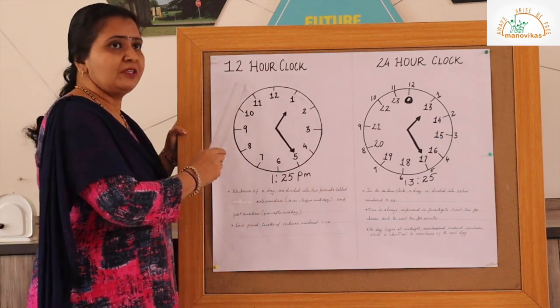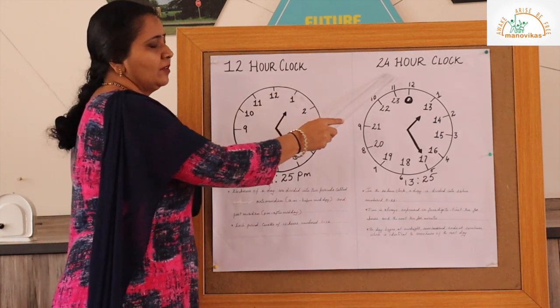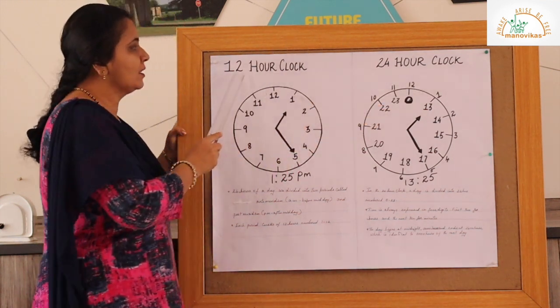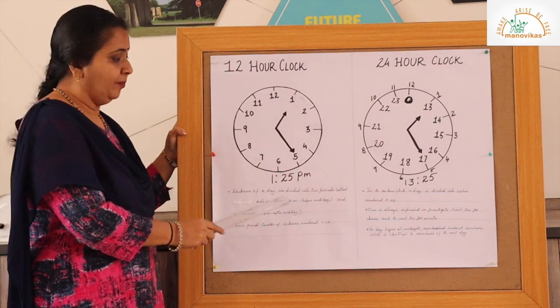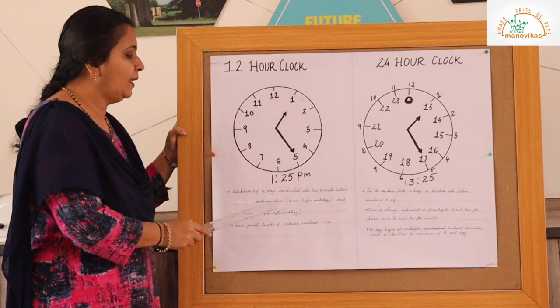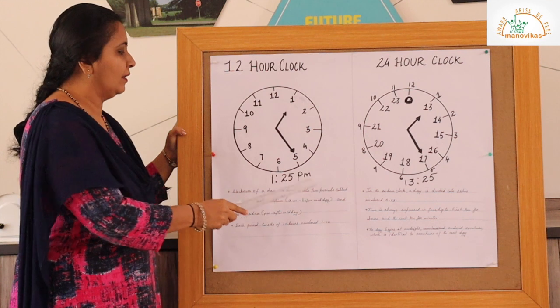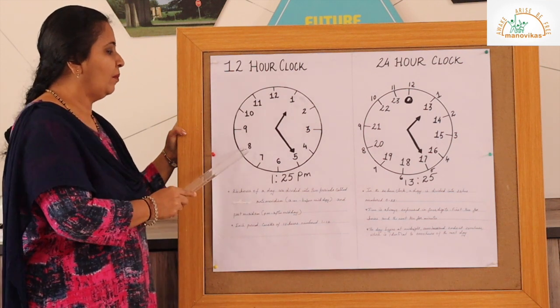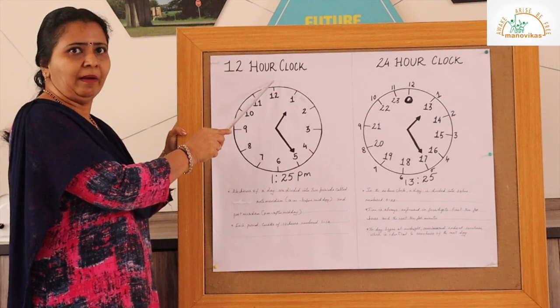There are two conventions for measuring time. One is the 12-hour clock, another one is the 24-hour clock. Let us see 12-hour clock. The 24 hours of a day are divided into two periods. The first is anti-meridian, that is AM. AM means before midday, that is 7 AM, 8 AM, 9 AM, 10 AM, 11 AM, 12 AM.